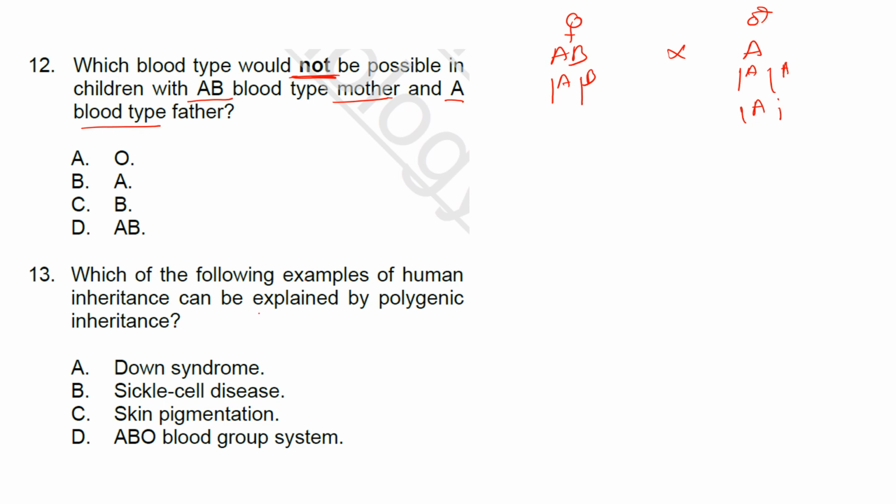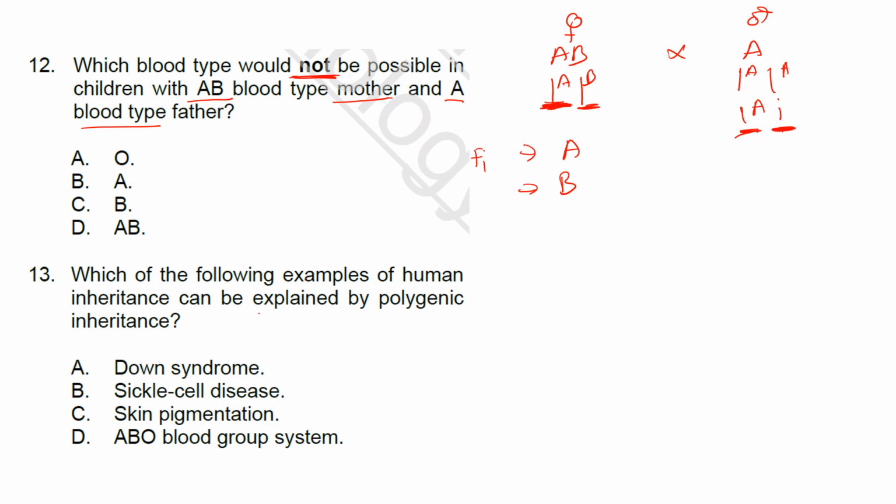So the offspring can have blood type A, this allele with this allele, or this allele with this allele. Or the offspring can be blood type B, this allele with this allele.